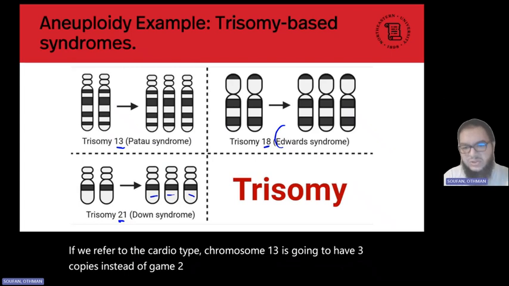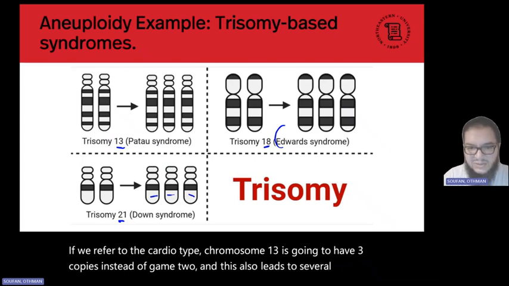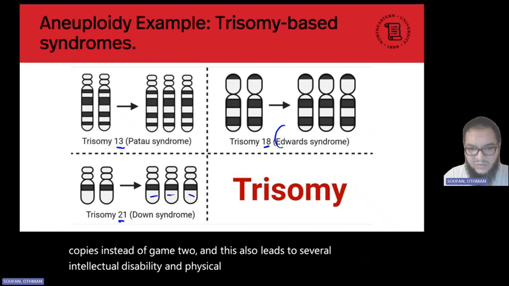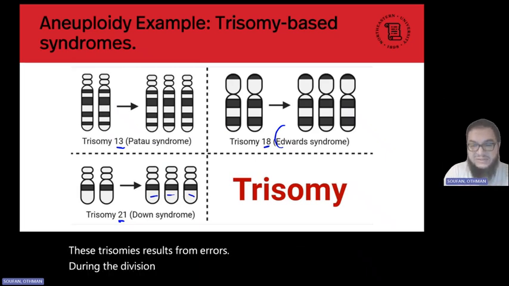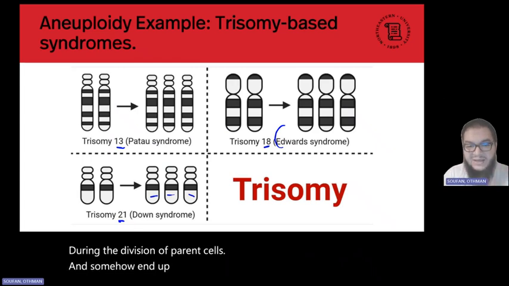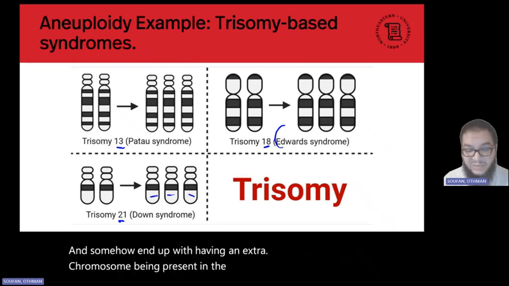And this also leads to severe intellectual disability and physical abnormalities. These trisomies result from errors during the division of parent cells, and somehow end up with an extra chromosome being present in the egg or the sperm.